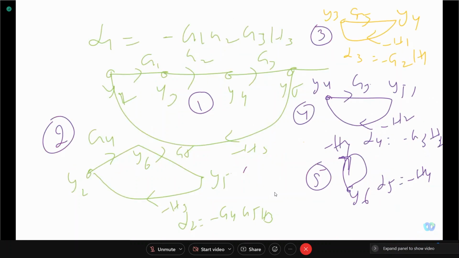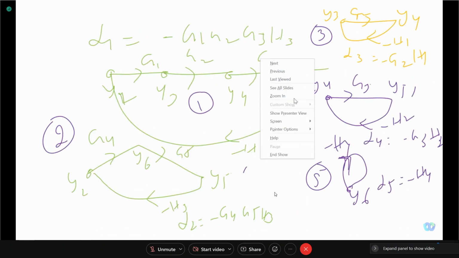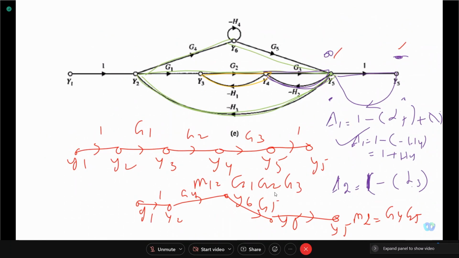Yes, this and this both are non-touching. Delta 1 is 1 plus G3H2 plus H4, no?